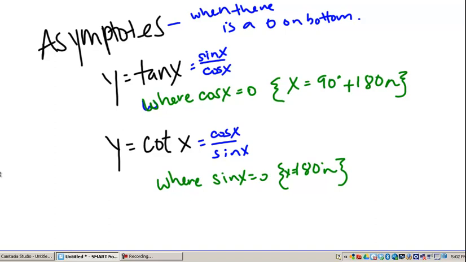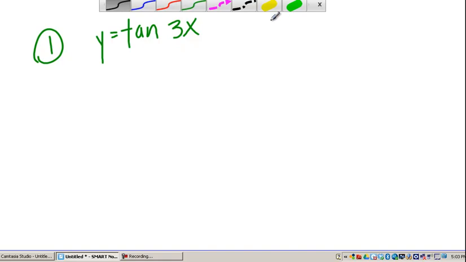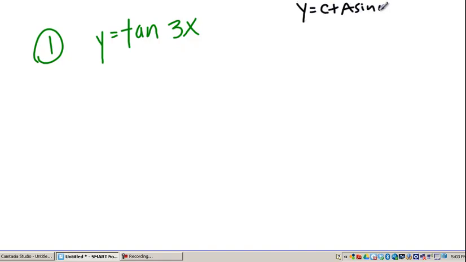I'm going to give you one sample problem, and that is it. Let's do y equals tangent of 3x. As a reminder, the standard equation, y equals c plus a sine of b times theta minus d, is still the same for tangent and cotangent.